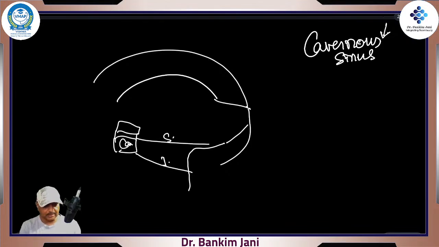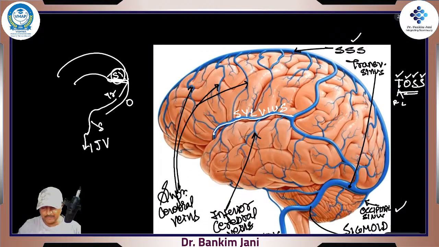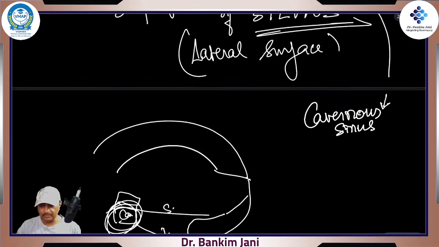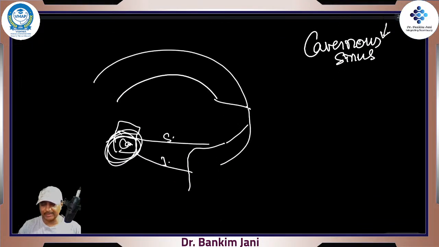So this is the location of the cavernous sinus, because it is centrally situated. So now it makes sense that when we say this Sylvius dips down, it goes underneath and lands into the cavernous sinus.